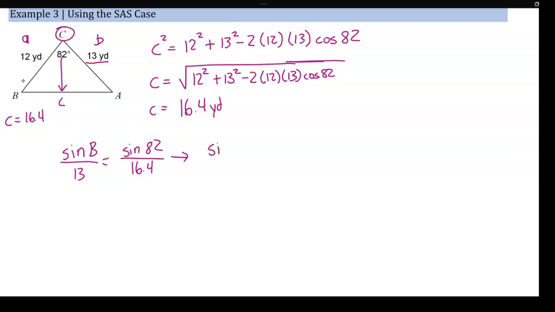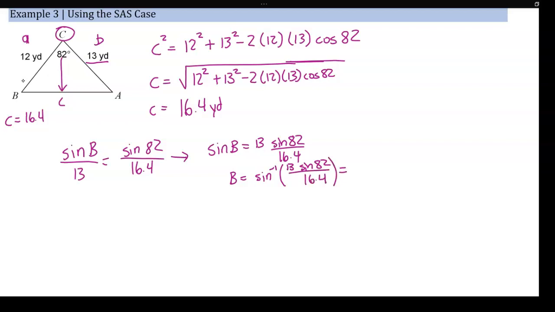So we'll say the sine of B is equal to 13 sine 82 divided by 16.4. And so B is equal to sine inverse of this value.